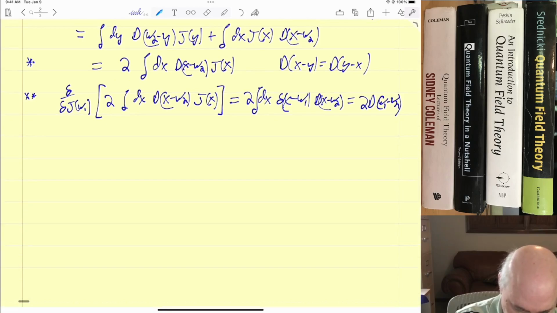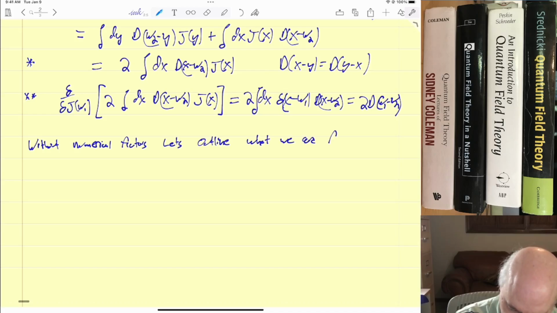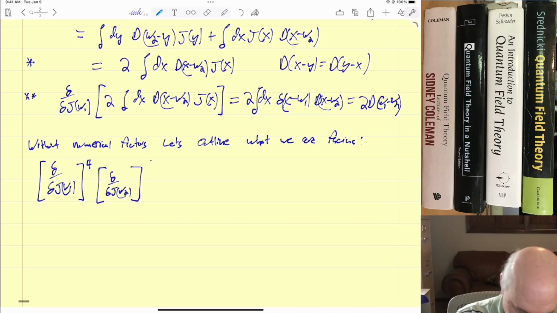Okay, so again, without the numerical factors, let's outline what we are facing. We're going to have del j w1, and leaving out the integrals, because right now we're just evaluating the derivatives, del j w2 to the fourth power.